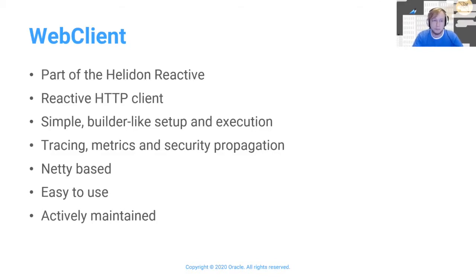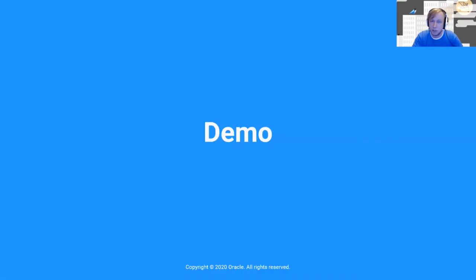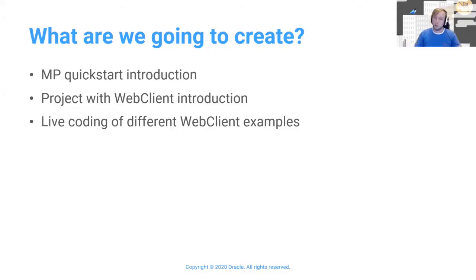All right, and now the demo itself, because I believe that's what this presentation is about, right? What we are going to create today and what we are going to be doing in that demo. I have created before an MP Quick Start. That's the project we use as an introduction to Helidon MicroProfile.